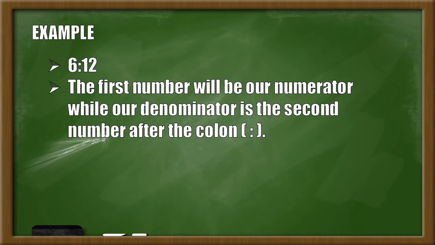So, what is the second number? Very good, number 12. Now, number 12 is our denominator. So, if we write this in fraction form, we have 6/12. Our numerator is 6 and our denominator is 12. Understood? Good job!